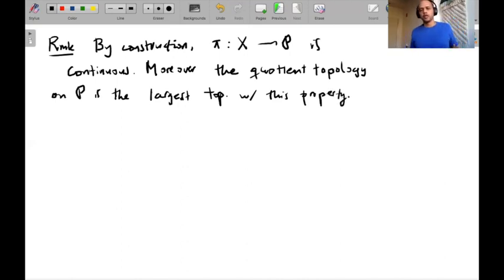If we just wanted the map to be continuous, we could give P the indiscrete topology, and then the map would be continuous. But that wouldn't be a particularly interesting topology and wouldn't give us the topological spaces we expect. So this is the topology with the most open sets that we could choose, and this turns out to be a good choice.